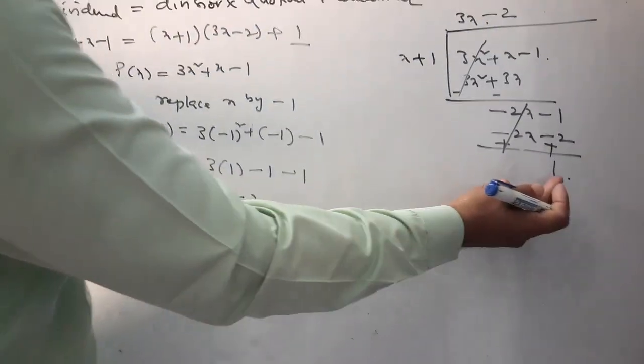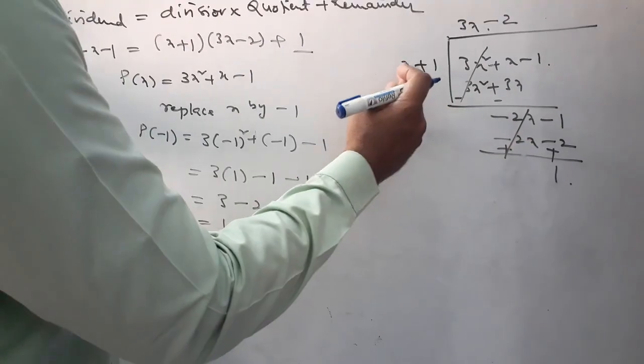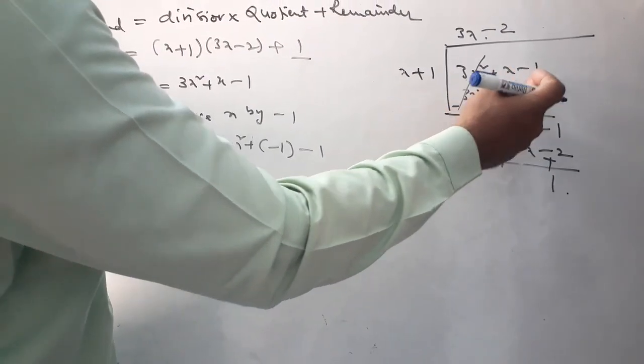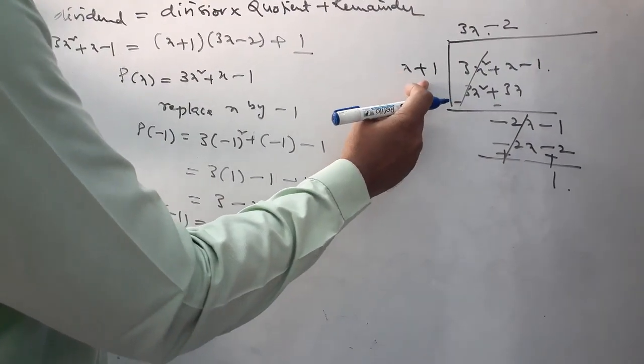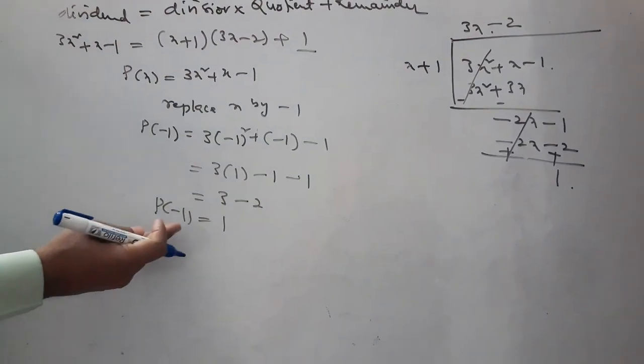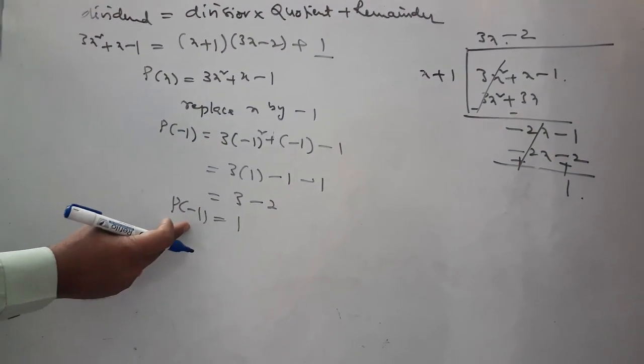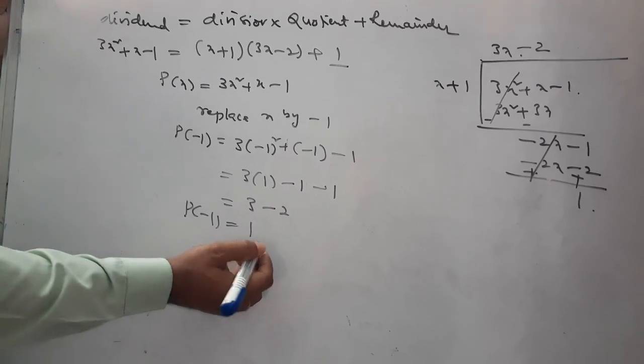The remainder obtained by dividing 3x square plus x minus 1 with x plus 1 is the same as p of minus 1, where minus 1 is the zero of the polynomial.